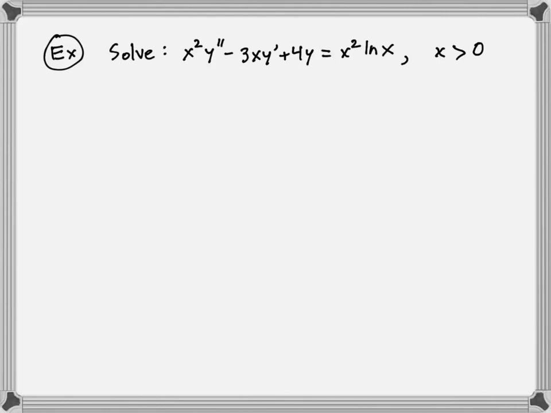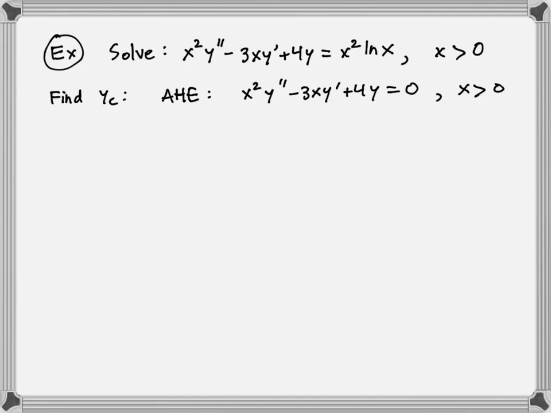So we look at this, it's a little scary looking, because we've got a lot of x's in there. We know the left doesn't have constant coefficients. But remember, the first thing is always to find yc, and you do that by writing down the associated homogeneous equation. It's just x squared y double prime minus 3xy prime plus 4y is equal to 0, and x is still positive.